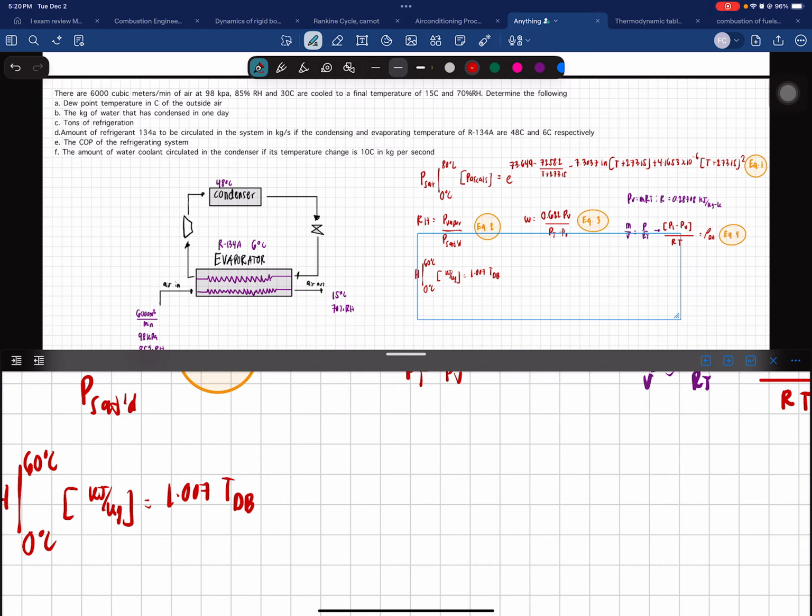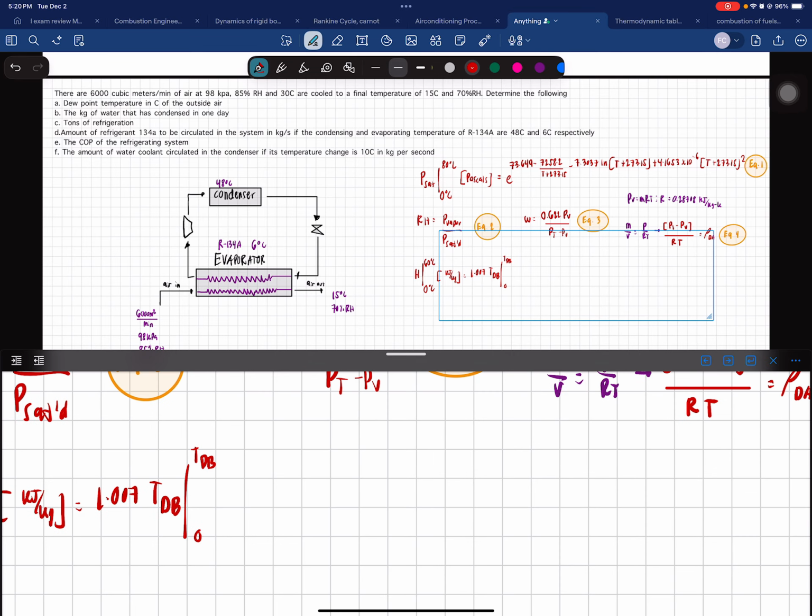Remember that the reference is from dry bulb temperature to 0 as the reference, minus 0.026. This is your correction factor, plus humidity ratio times 2501 plus 1.84 times the temperature of the dry bulb, again from dry bulb temperature to 0, so you just simply multiply that, okay?